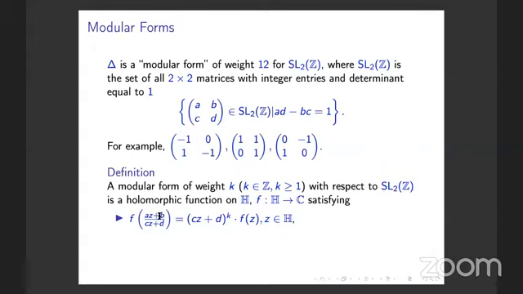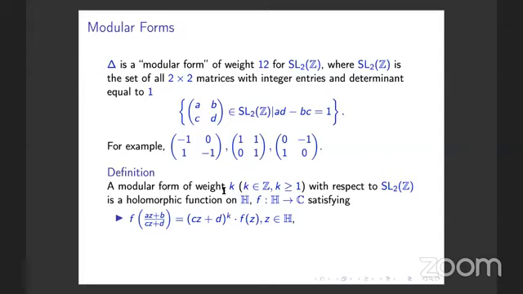When it acts on the point z, you're again in the upper half plane: az plus b over cz plus d is again in the upper half plane. And f on this transformed point is related to the original value f of z by cz plus d raised to the power k.